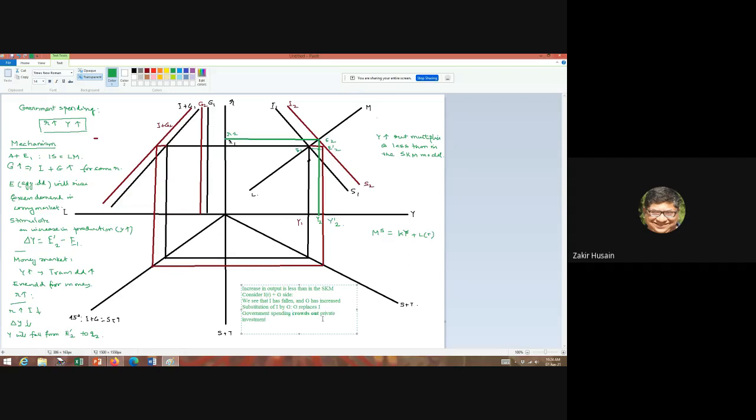This is called the crowding out effect. Is it clear?